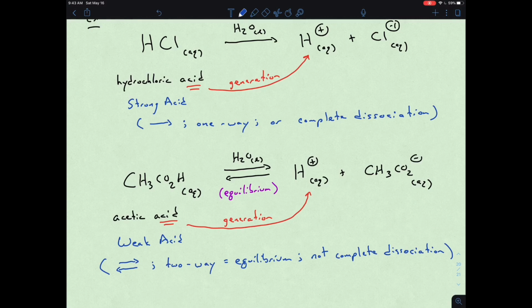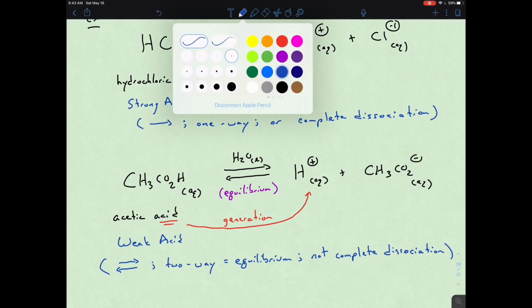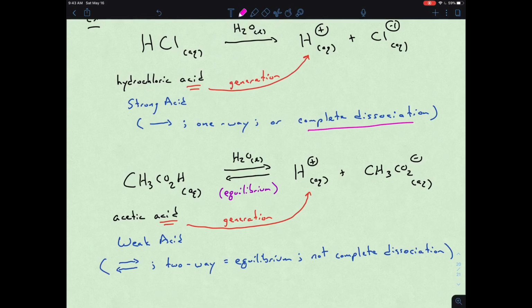And so we're seeing that here: yes, it does produce ions in solution, but it isn't complete like we have for something that's strong. So we have complete dissociation with the strong acid. For the weak acid, it's just simply not complete dissociation. That's all.